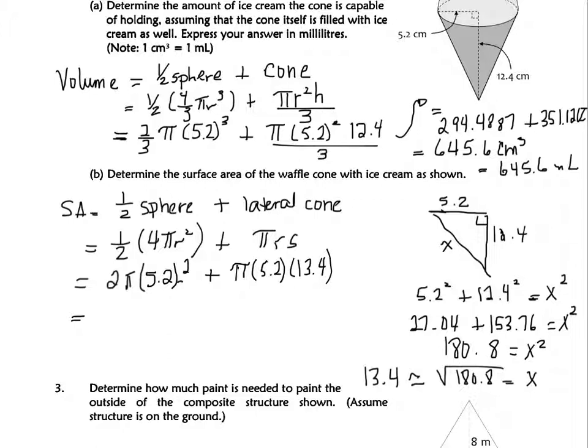So 5.2 squared times pi times 2 is going to give you 169.8973, and then pi times 5.2 times 13.4 is going to give you 218.9062 if you round it off.